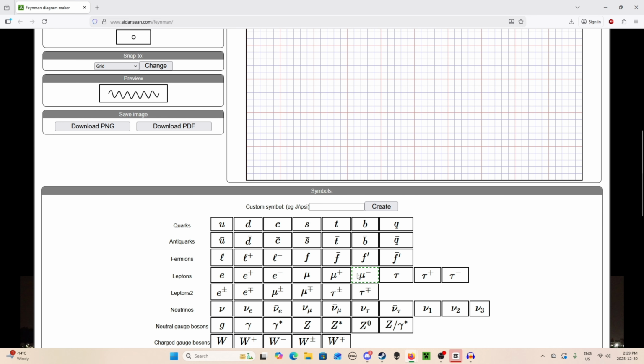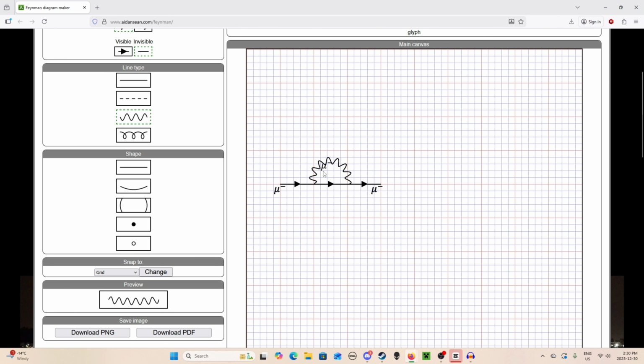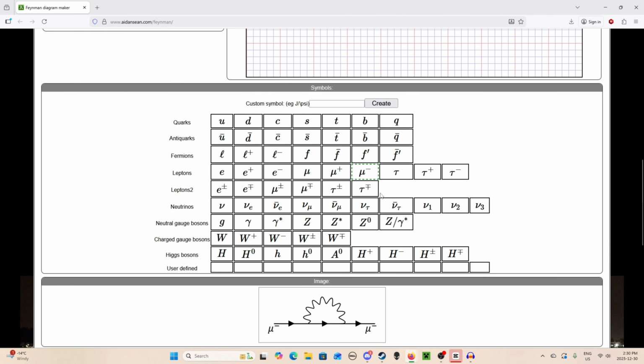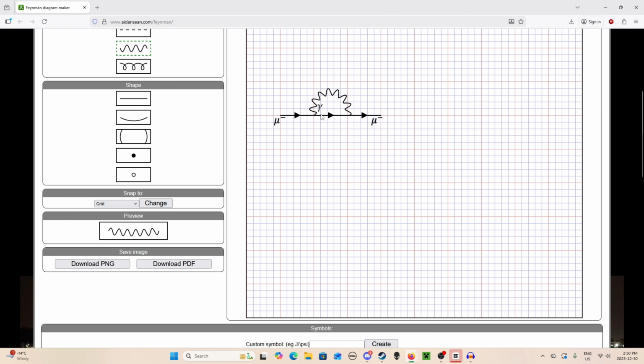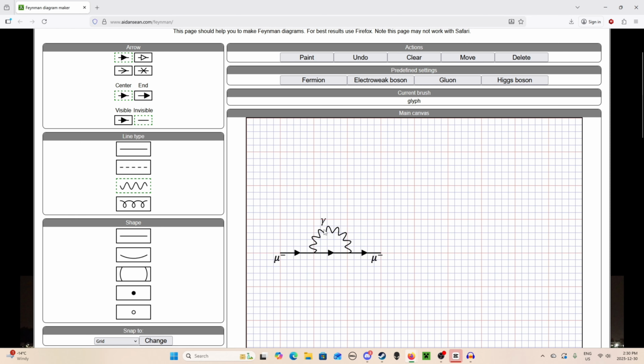The muon has a charge of -1. We'd need to have it radiate out two things to change it into an anti-muon, and there isn't really a neutral charge muon. Also this would come down to the thing called lepton number conservation, which I'll bring in in a moment. But for this diagram to work, this has to be a photon.